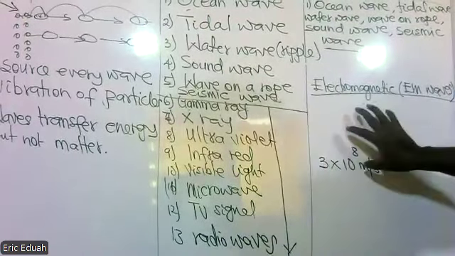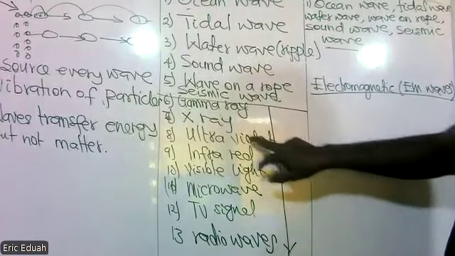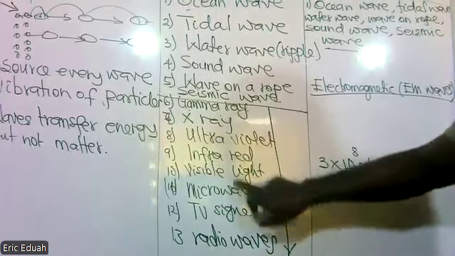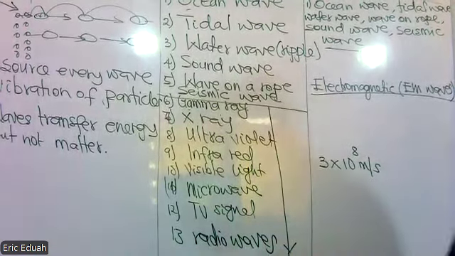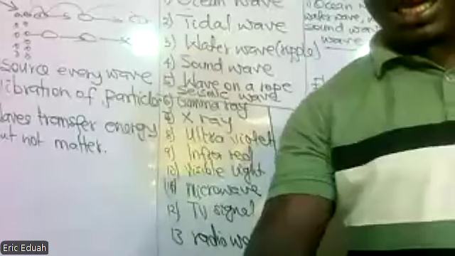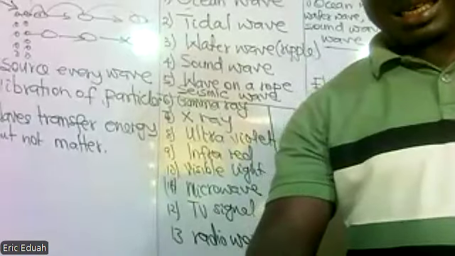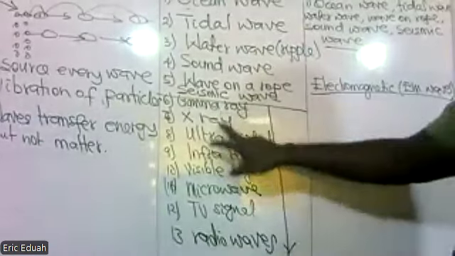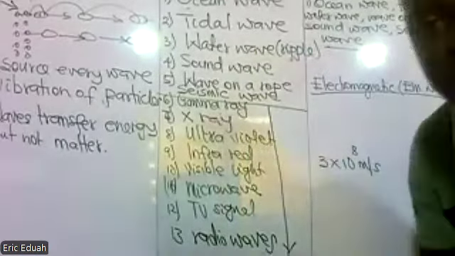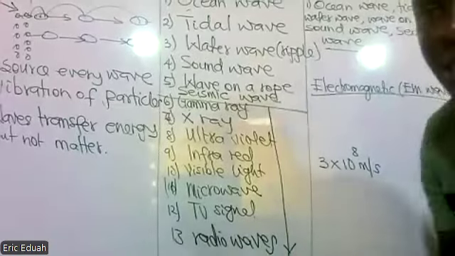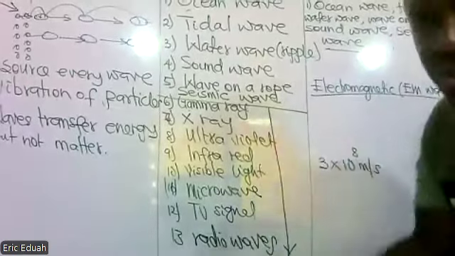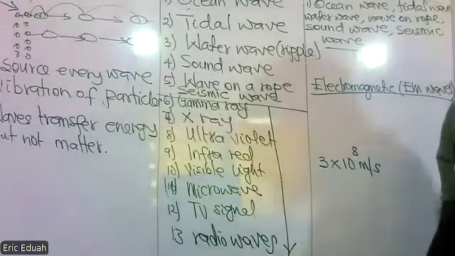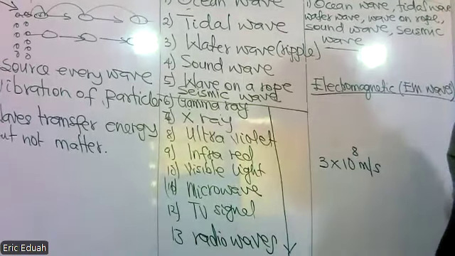I said that all the electromagnetic waves here travel at a speed of 300 million meters per second. And second, all the electromagnetic waves do not require a medium before being propagated. So gamma ray and X-ray also have those key properties.